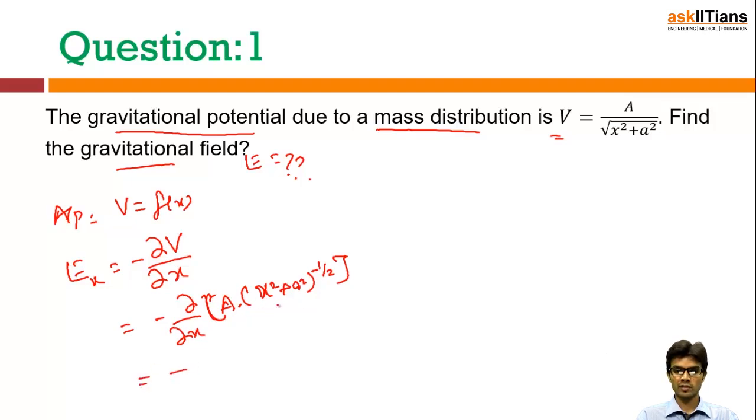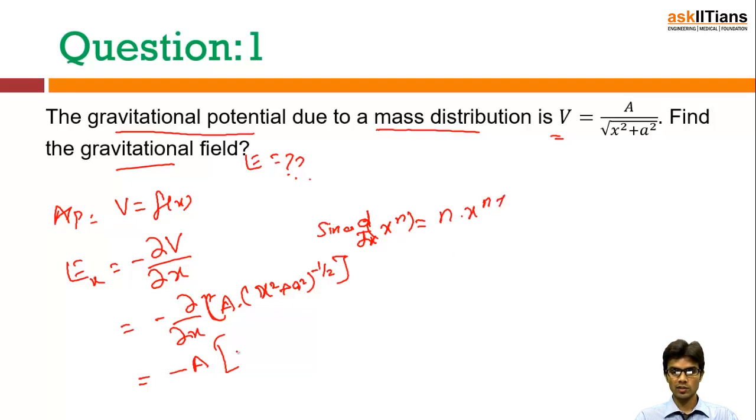So minus, a is constant, so we can take it out. The differentiation of x to the power n is equal to n into x to the power n minus 1.